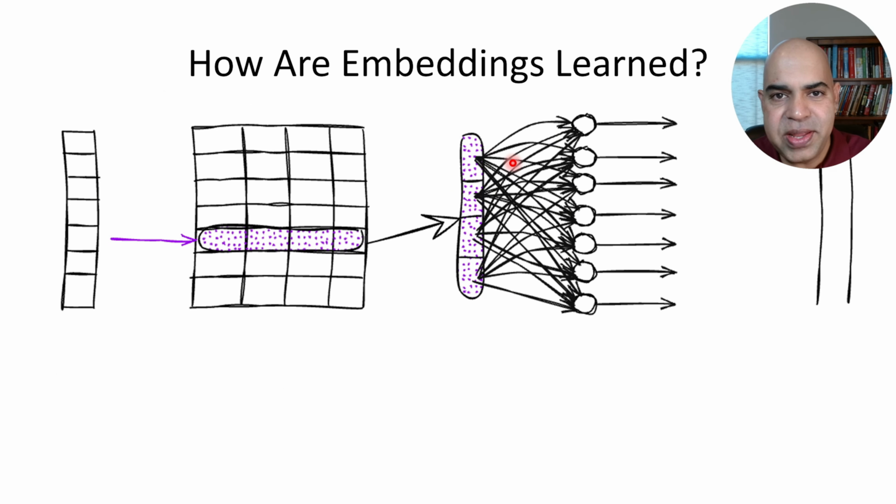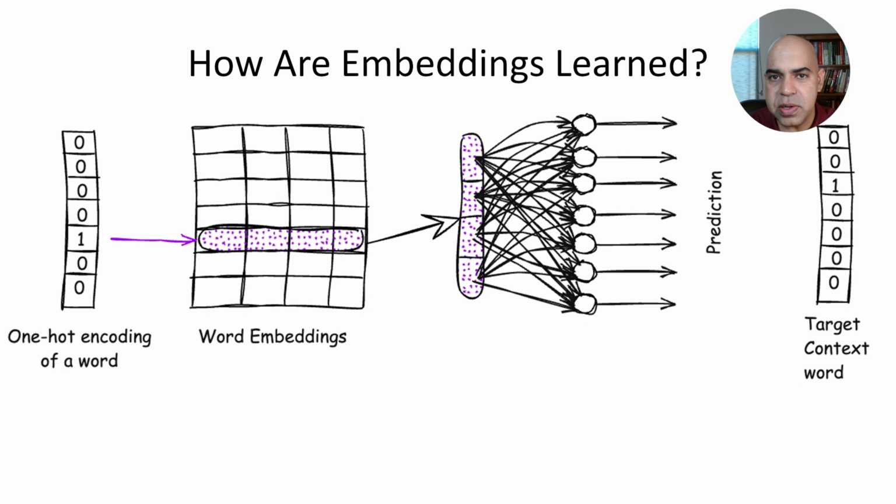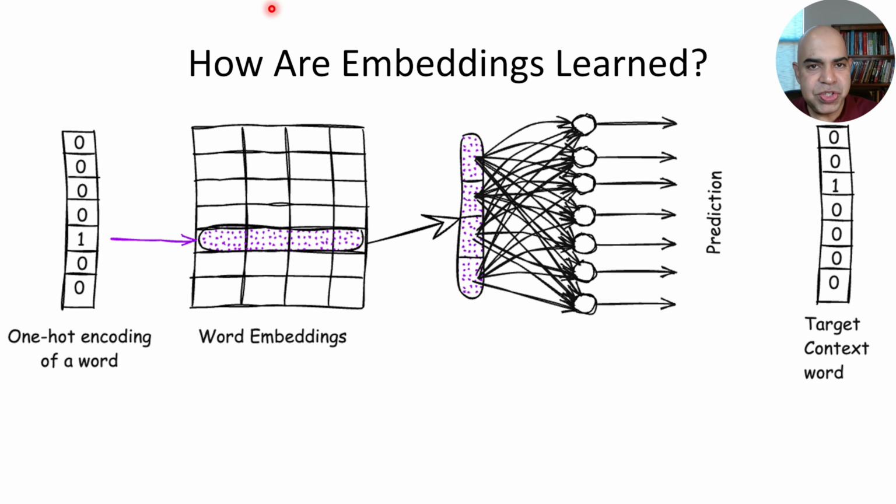How are these embeddings actually learned? Okay, from each relationship, where we have a reference or target word and then a context word, in the input we provide that reference word as one hot encoding, and that one hot encoding helps us select the particular embedding vector for that word.